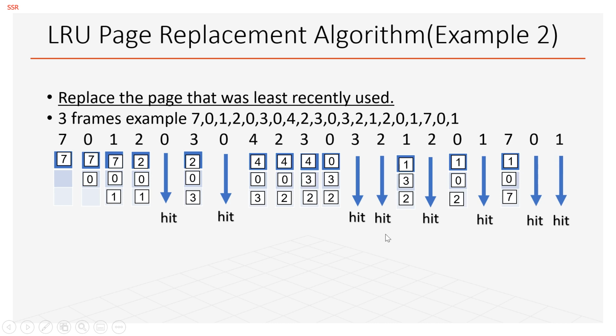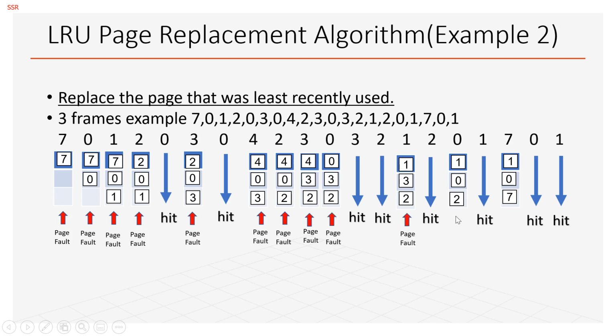The number of page faults in this given example is 1, 2, 3, 4, 5, 6, 7, 8, 9, 10, 11 and 12. So the number of page faults is 12 and page hits is 8.